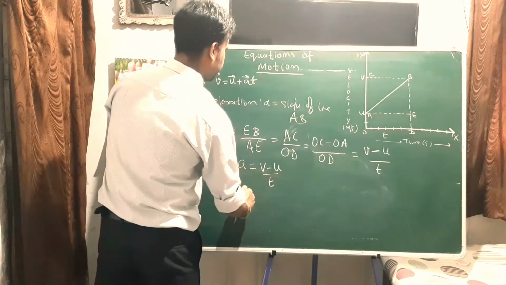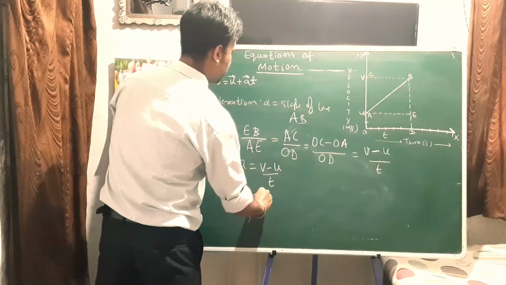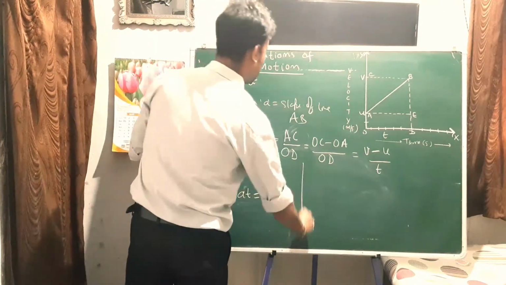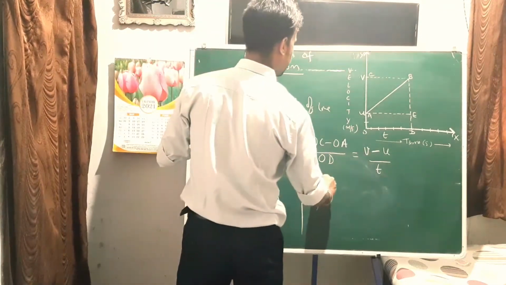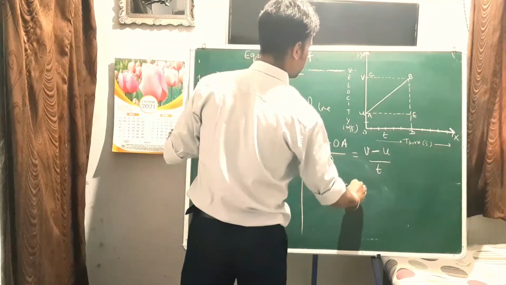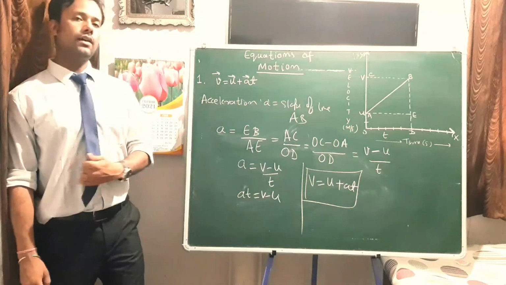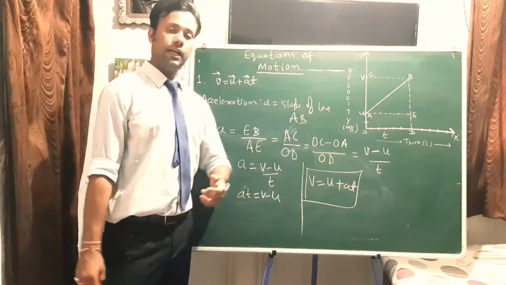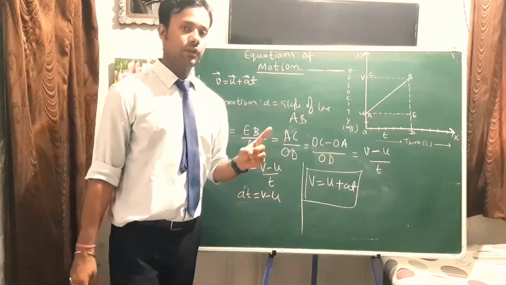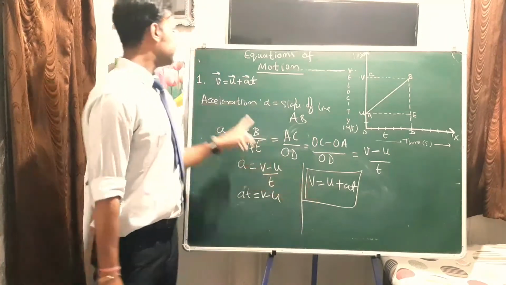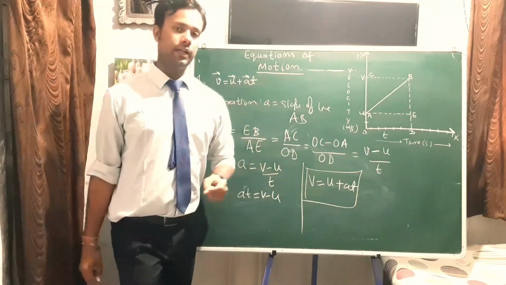Or simply at equals v minus u, or simply v equals u plus at. So you can see that we have derived the first expression, that is v equals u plus at.